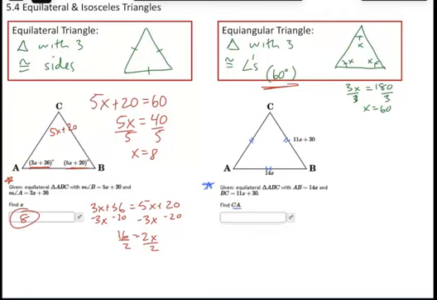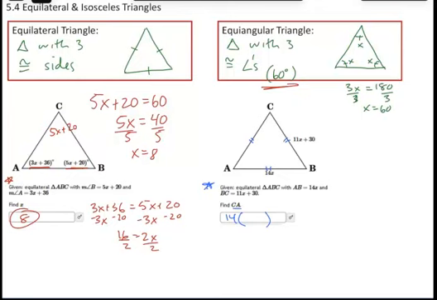Since we're finding CA, again, I'm just going to remind myself that I'm not just solving for x here. I'm going to find a measure, and I'm just going to use whichever of these makes the most sense, or seems to be the easiest to calculate. So 14x is fewer entries when I type it in.